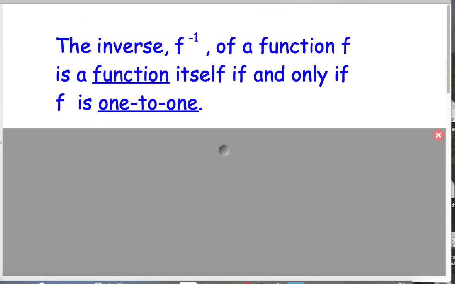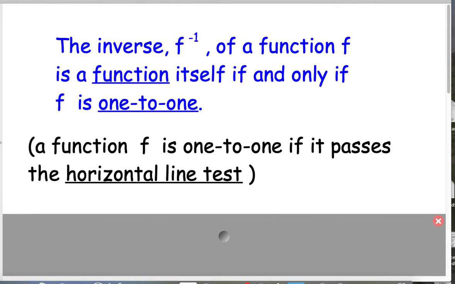Now, another thing that will help with figuring out the inverses. The inverse of a function is going to be a function itself only if our original function is one-to-one. What do I mean by that? Well, a function is one-to-one if it passes the horizontal line test.